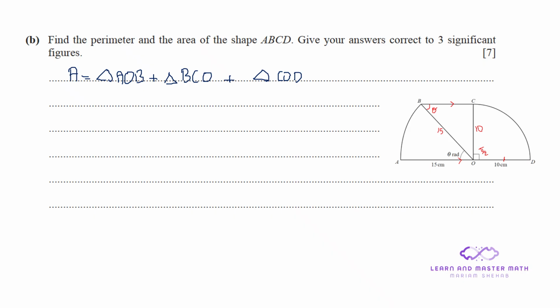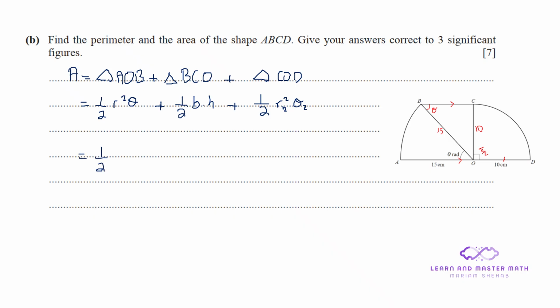As you know, the area of a sector is half r squared theta. The area of a triangle is half base times height, and the second sector is half radius 2 squared theta 2, which is pi by 2. Let's substitute.